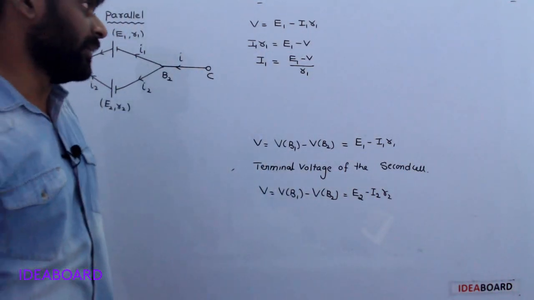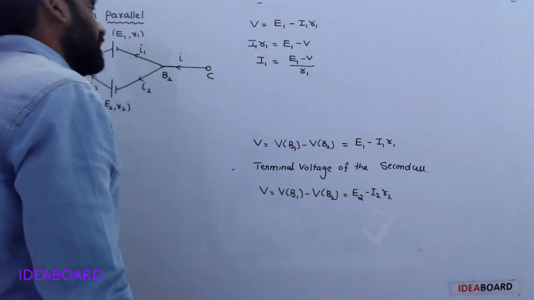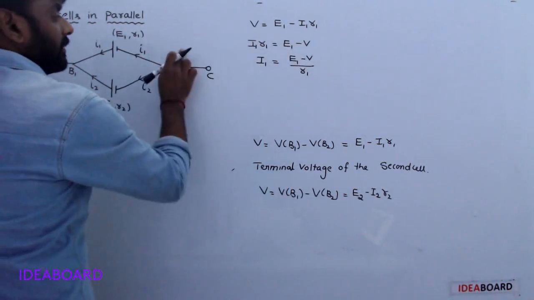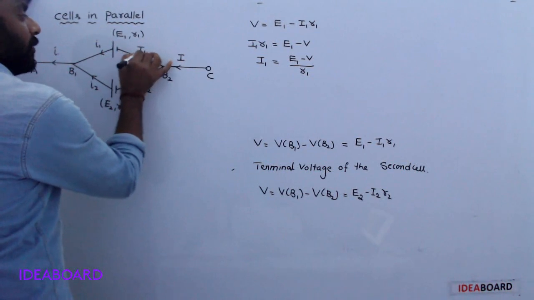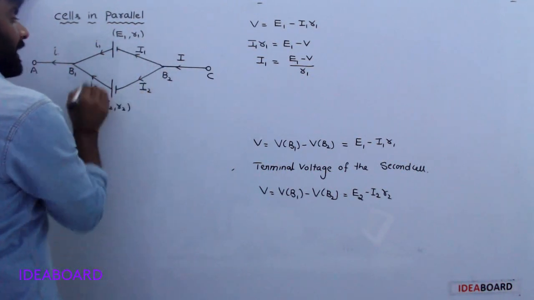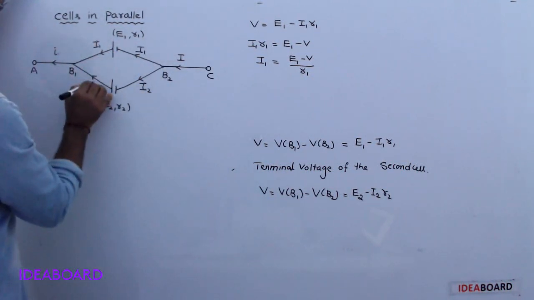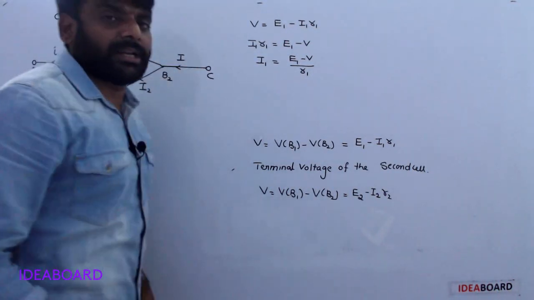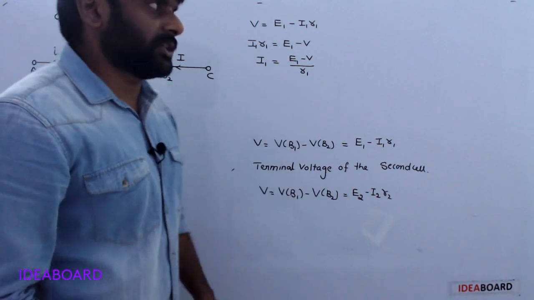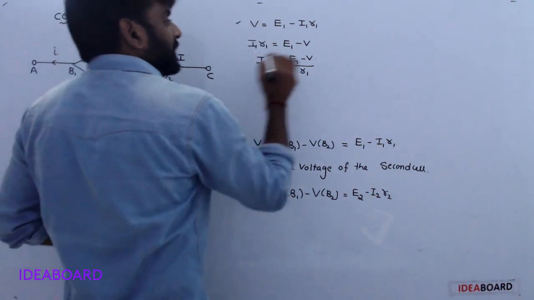Understood? Current I1. See, here the total current is I, and these are I1 and I2. Understood? One is a small letter, another is a capital letter.